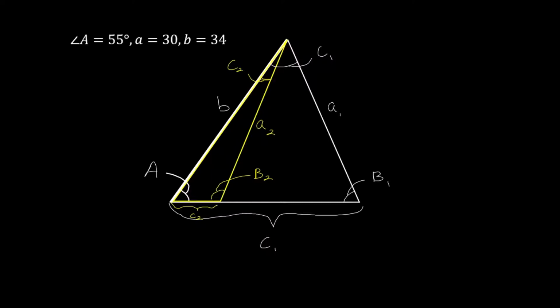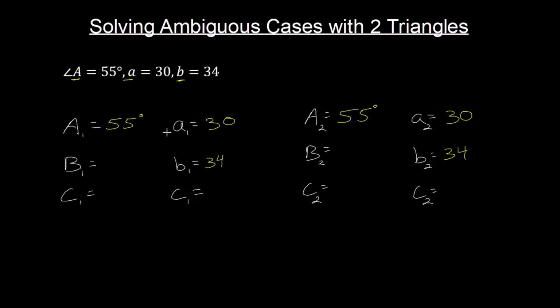So I'm going to go back to my little chart here, and you can see that we actually have the ability to solve for angle B1 here. So we would use our law of sines and solve for B1, and the way we would do that is by doing the sine of B1 over little b1 is equal to the sine of our side angle pair, a1 over little a1.